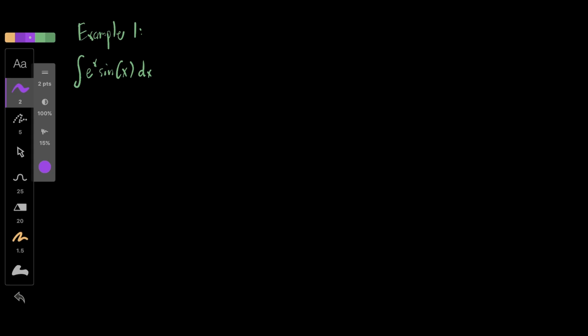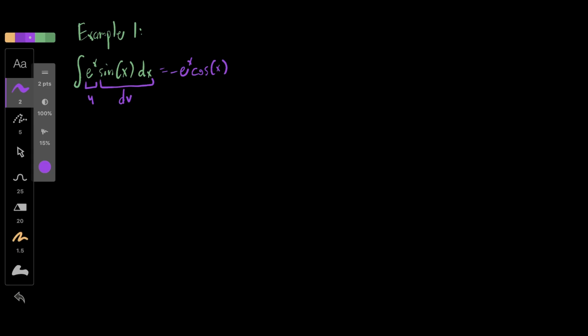Now, as I said earlier, this would be good for u because it's an e to the x term, and that leaves sine of x dx for the dv term. Now, what we're going to do is we're just going to apply the formula. So this is equal to e to the x, minus e to the x cosine of x, because integrating sine of x gets you negative cosine of x.